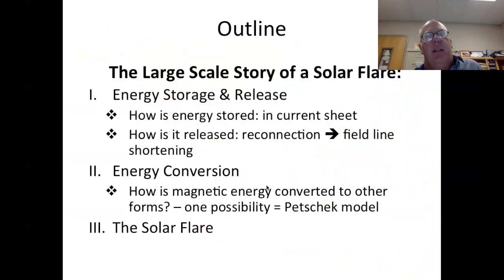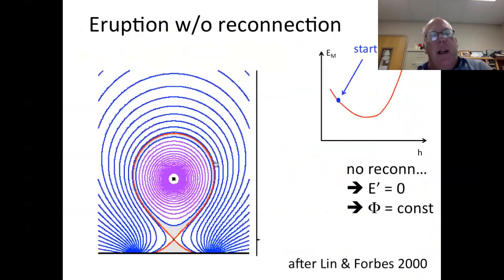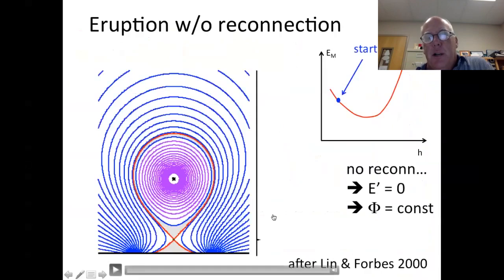And I'm basically going to tell you, mostly in cartoon form, about the storage, the release, and the conversion of energy in that kind of thing. And so here's an even simpler cartoon of this whole thing. This is a model. Many people were looking at models like this, but the most famous version is by Terry Forbes and Jun Lin.